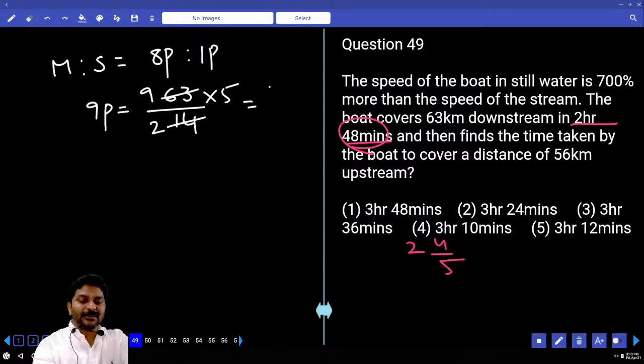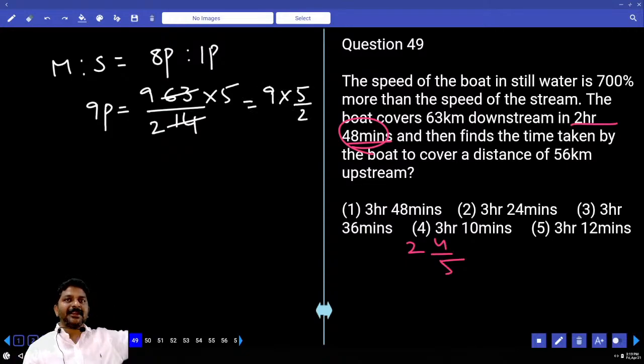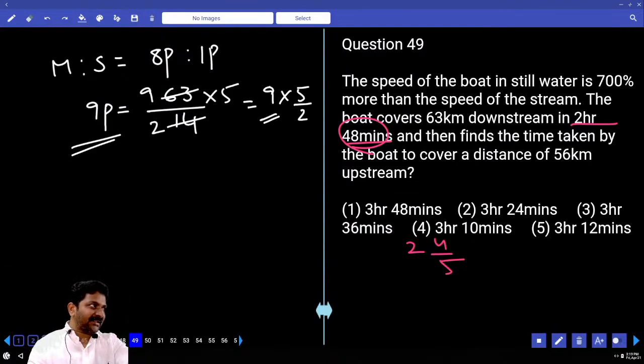Which is equal to, I'll write it as 9 into 5 by 2. I don't want to write it as 45 by 2, because we have 9 parts on the left hand side, and if the right hand side also has 9, it will be easy for us. So from this we can directly say one part is equal to 5 by 2.